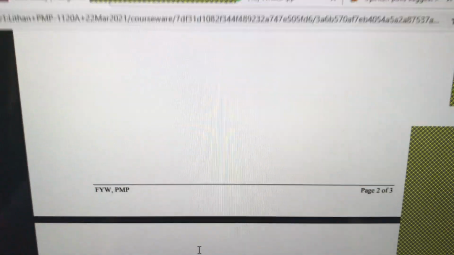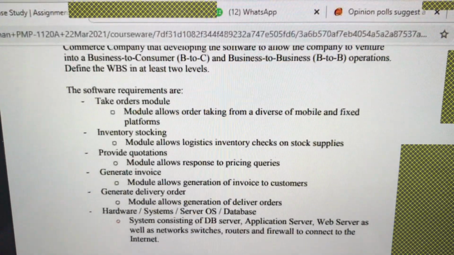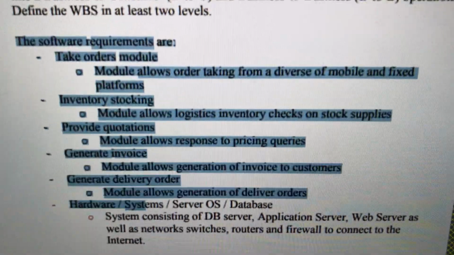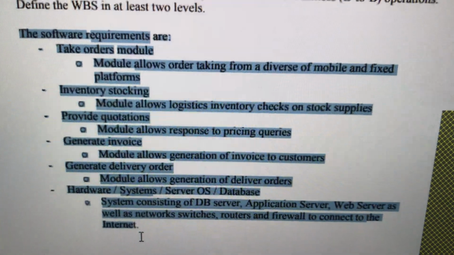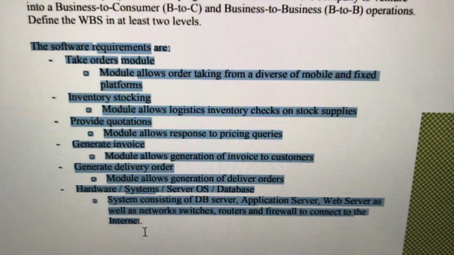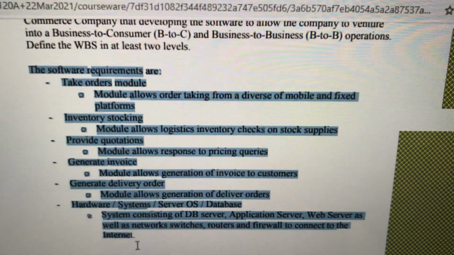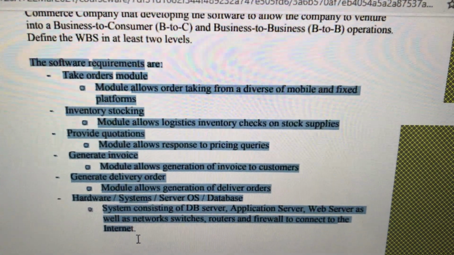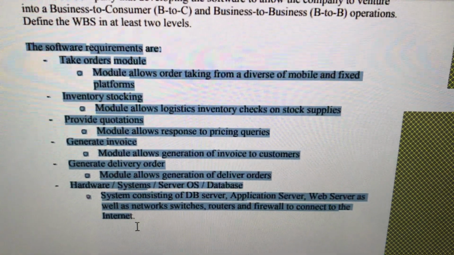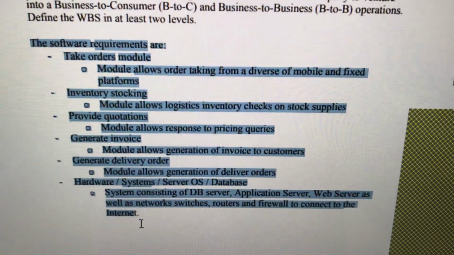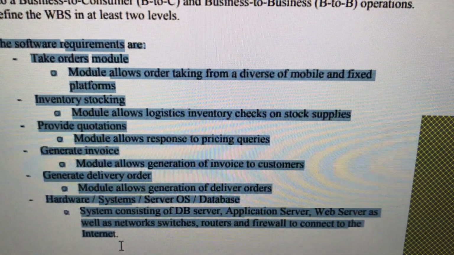They have given you all this as scope. So when we say I'm going to deliver the order processing system, I would have delivered all those that you see highlighted. Now the work to do this is what you want to map on an inverted tree diagram, which is called the WBS.